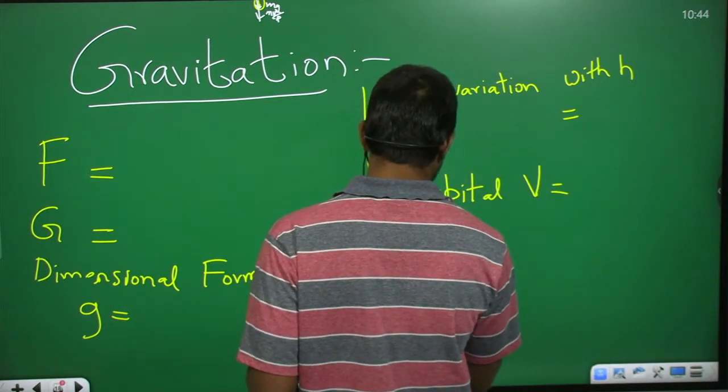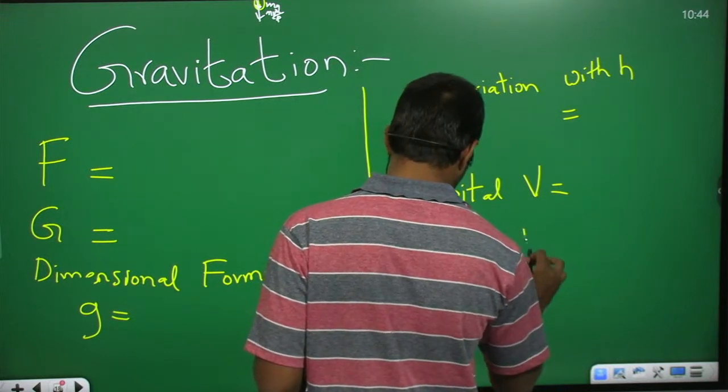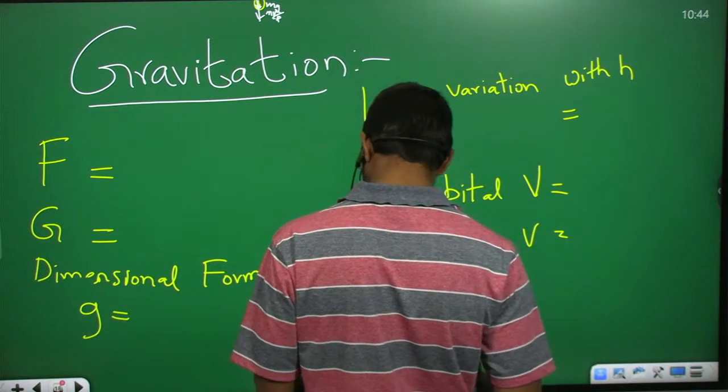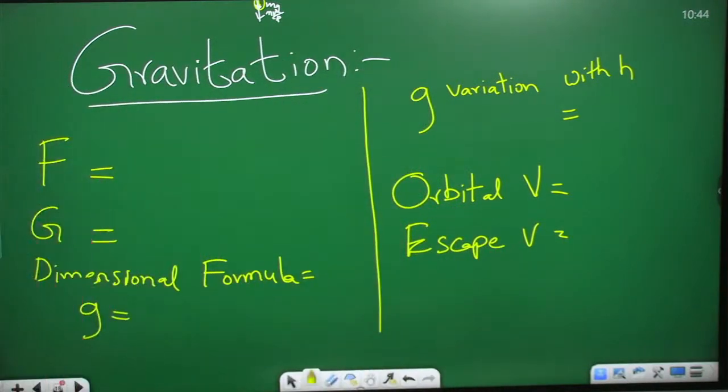What is escape velocity? Yes, try to complete the blank. Okay, Mr. Sahit, you are answering. Okay, still we have 7 questions. Try to fill in the blanks and check whether you are getting it right or wrong.